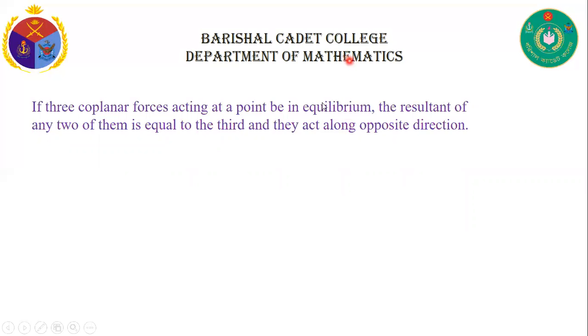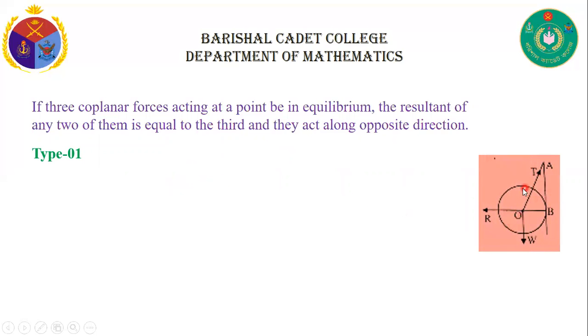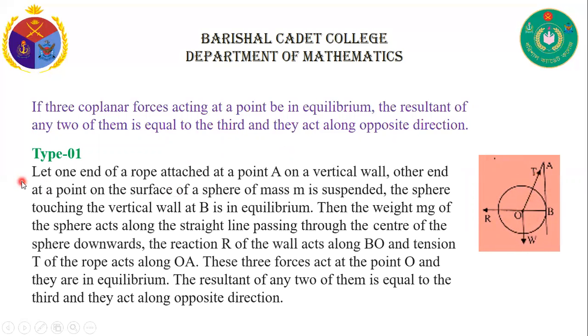Now type 1. In this section, we see some equilibrium states. One equilibrium state is a sphere, where one end of a rope is attached at a point A. Here A is a point on a vertical wall, that means AB is vertical, and here is the sphere.